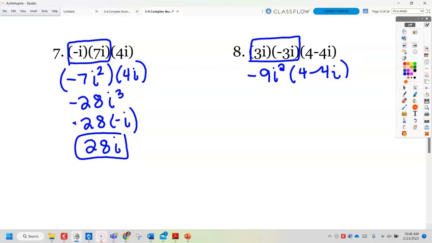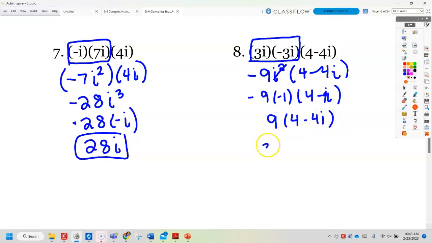But what you can do is distribute it with the i squared, or you can replace i squared with negative 1 first. So negative negative becomes 9 times 4 minus 4i.